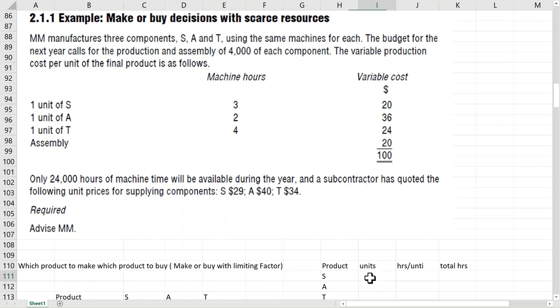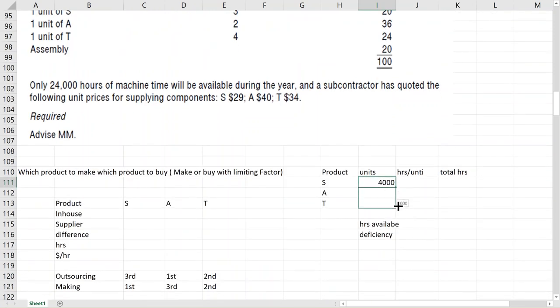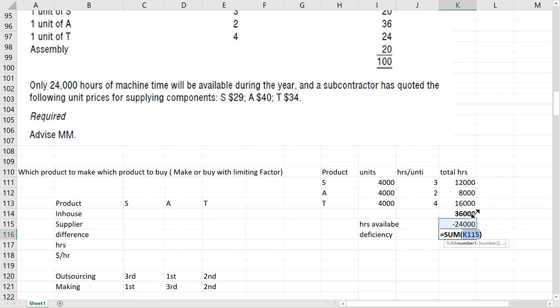So we want to make 4,000 units of each component, and the time that it requires is 3, 2, and 4, and the total time is 36,000 hours, but the hours available are 24,000, so there is a deficiency of 12,000 hours. So for that 12,000 hours deficiency, we have to outsource some of the product outside.